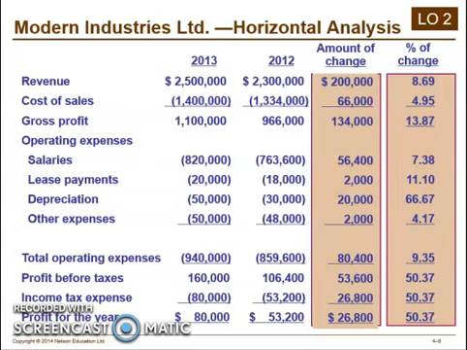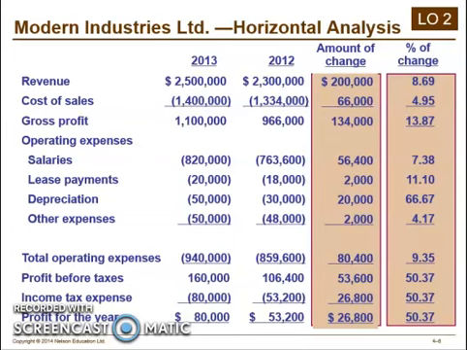You can see that the amount of change from 2012 up to 2013, you take your 820 minus your 763,600, which gives you a change of 56,400. Now your 56,400 divided by the oldest year, which is 763,600, means that there's been an increase in the salaries of 7.38%. Okay, so hope this helps with the vertical and horizontal analysis.